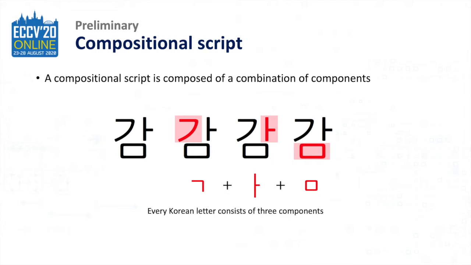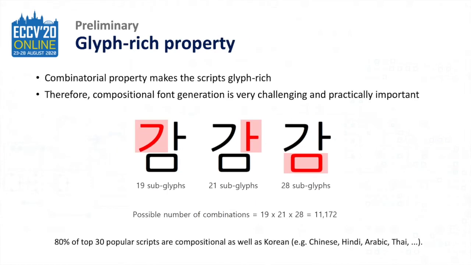Before diving into the method, let's look at the compositional scripts. In a compositional script, each letter consists of a combination of components. For example, every Korean letter can be decomposed into three components. This compositionality makes the script glyph-rich, which causes extreme difficulty in manual font design.